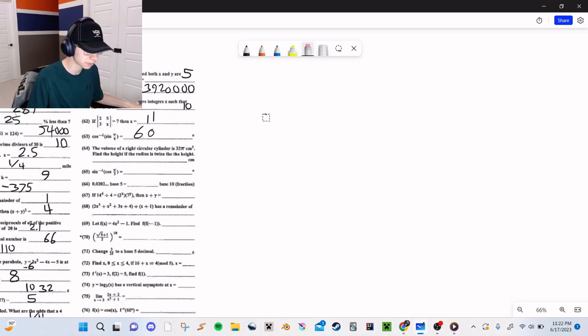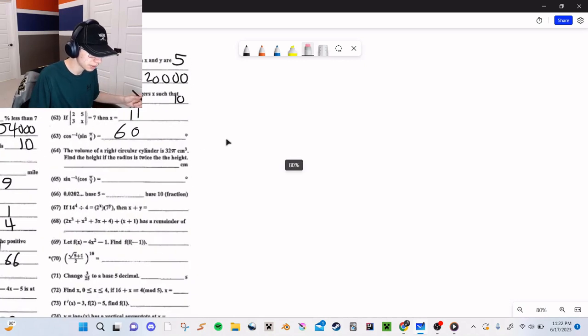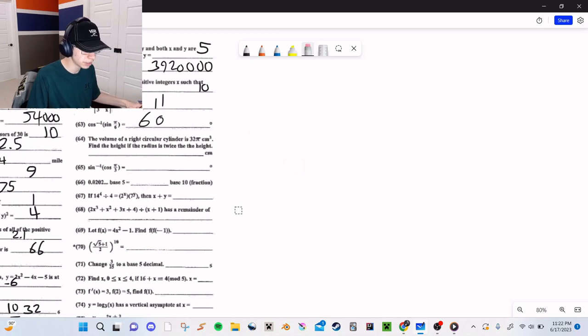Okay, so 64. Question 64 says the volume of a right circular cylinder is 32 pi centimeters cubed. So the volume is 32 pi.